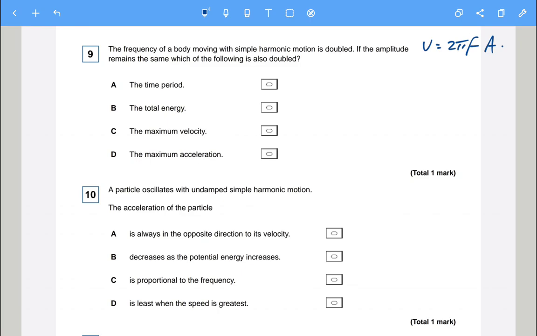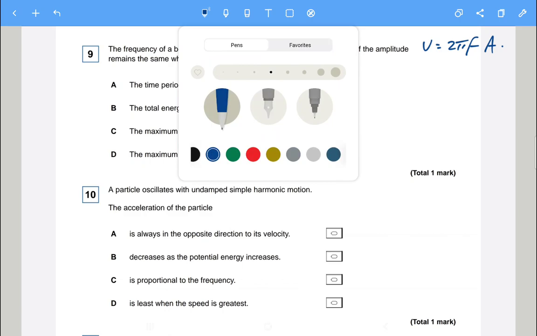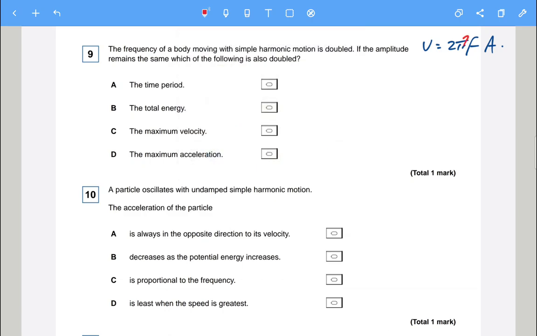So if that's doubled, I'm going to just change colour so I can see this one. So if I double the frequency, keep amplitude the same, which one of the following is also doubled? Well, it must be velocity. It's got to be doubled. So C, maximum velocity.